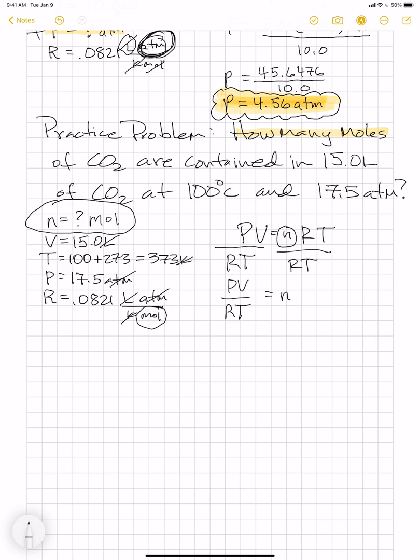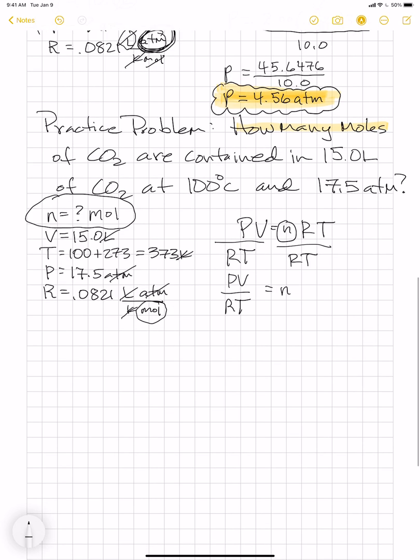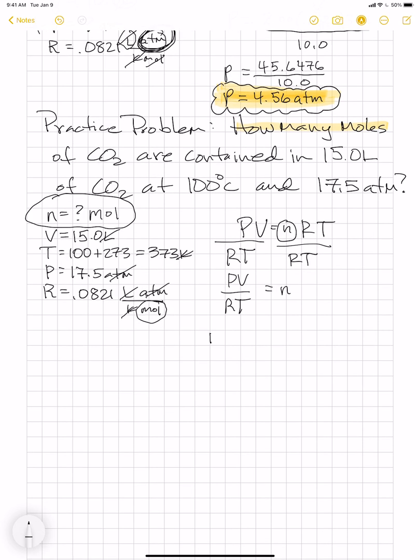So let's do it. Let's plug in what we know. So we know pressure is 17.5. And I'm not going to use the units because we know they cancel out correctly. Volume is 15.0 liters. R, of course, is 0.0821.